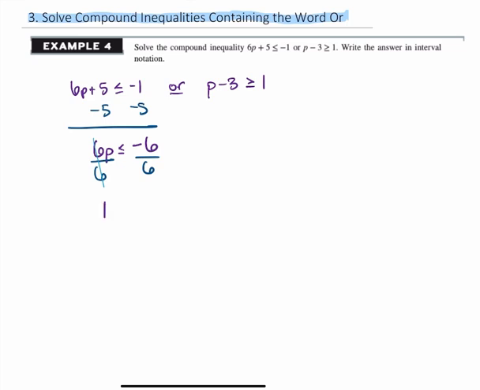I'll just get p on the left side is less than or equal to -6 divided by 6, which is -1. And I'm dividing by a positive number, so I don't need to flip the direction. So this would be everything less than or equal to -1. So include the -1 and everything to the left of that.